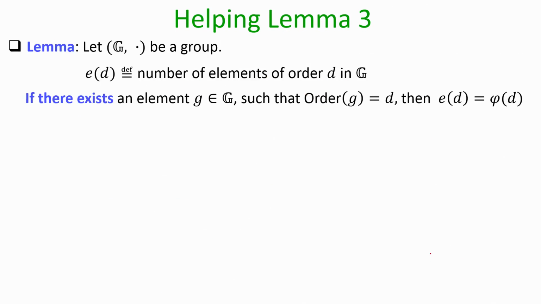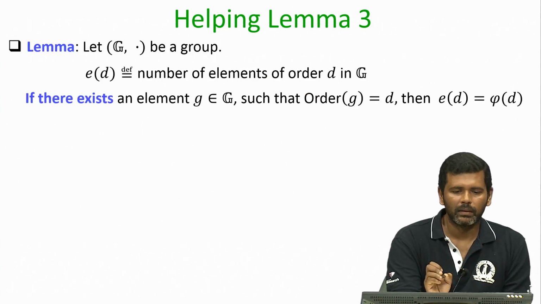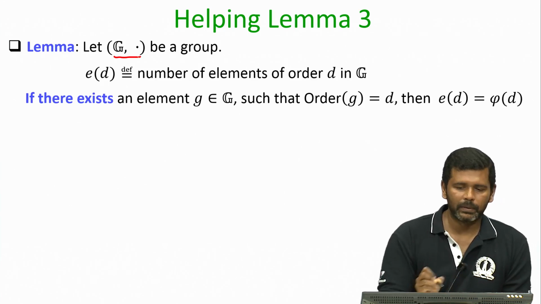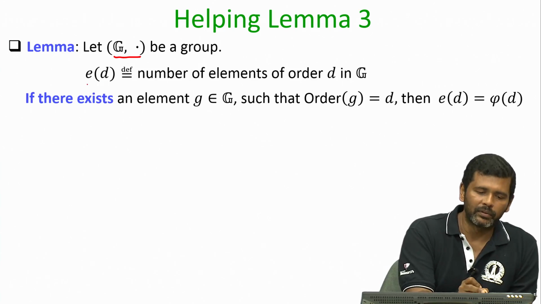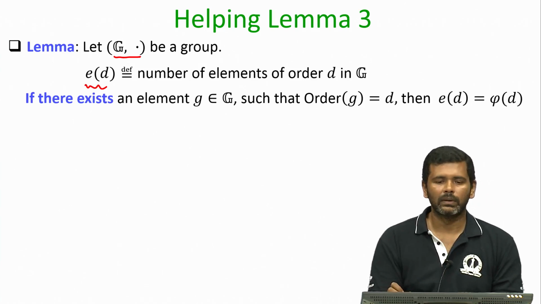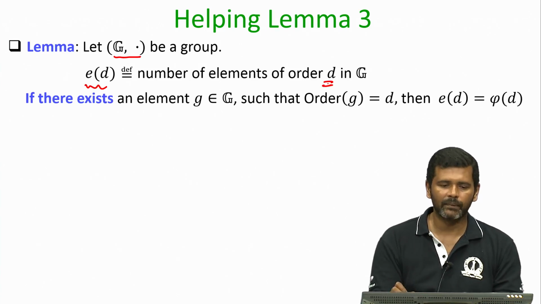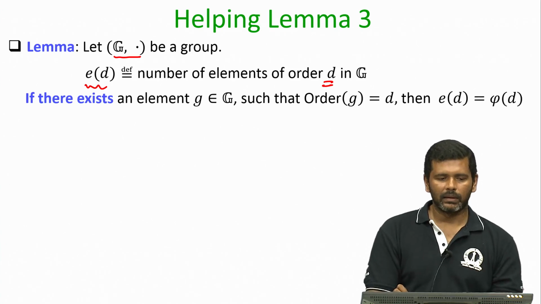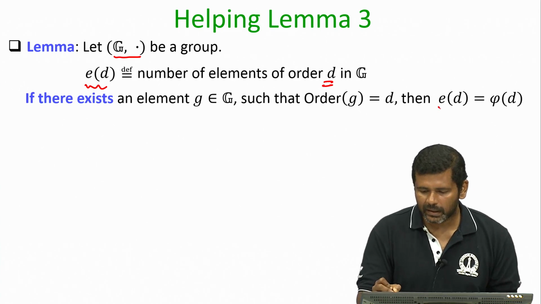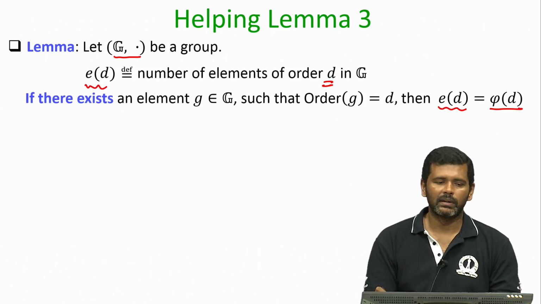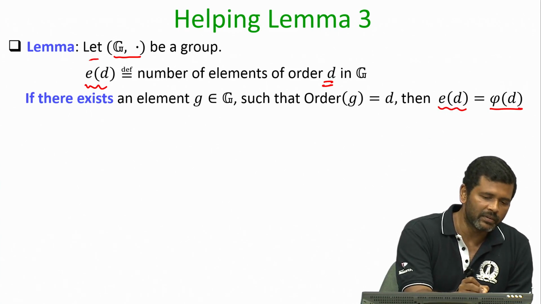And my third helping lemma is the following. The lemma says that if you have a multiplicative group and you focus on all the elements of the group whose order is d for a given d, then the cardinality of E d will be phi of d if the set E d is non-empty.